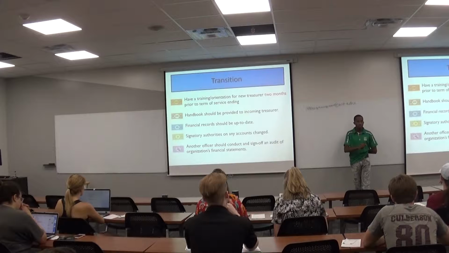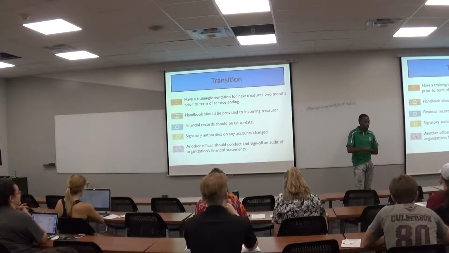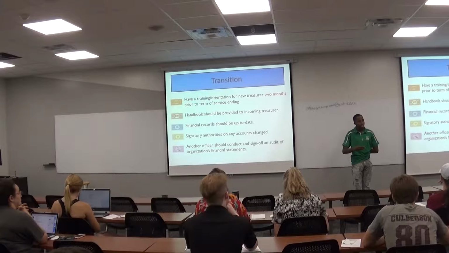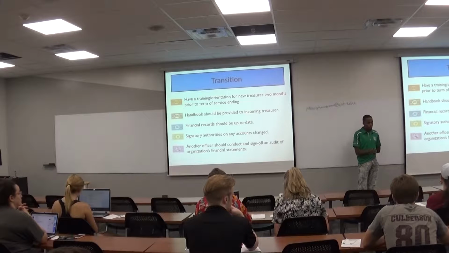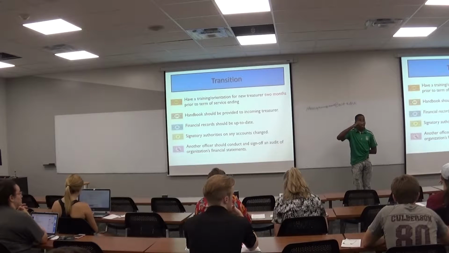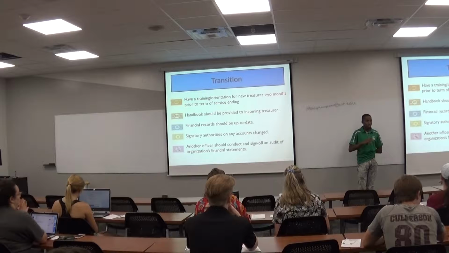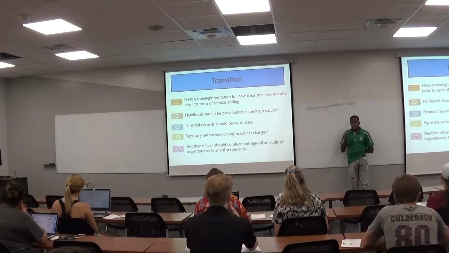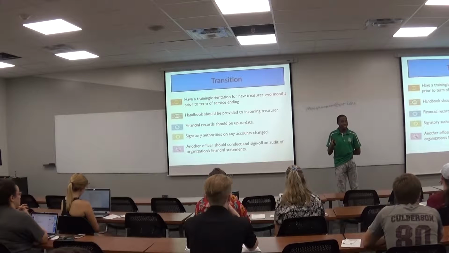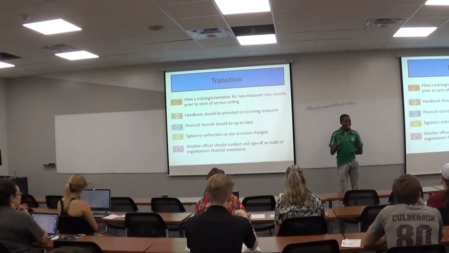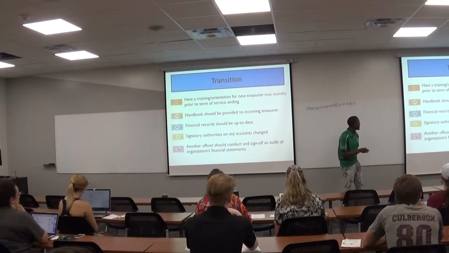And if you do have a bank, you have to transfer your name off of it to the new treasurer in order for the new treasurer to have control of the financial records. So always make sure you transfer the name the account is in. Did that make any sense? Okay. I'm sorry.